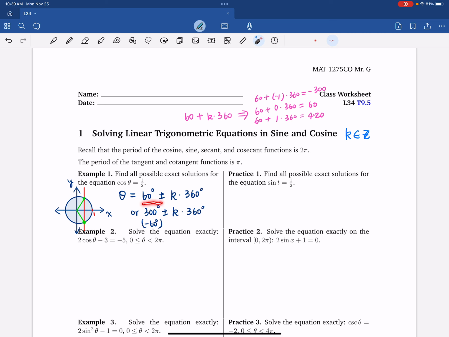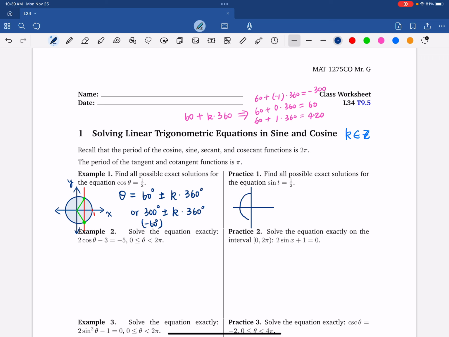That's why we have this notation, 60 plus minus k times 360. And since we have another solution, 300, you also need to do that: 300 plus minus k times 360. All right, so that's the solution to example 1. Let's use practice 1 as a practice. Okay, so for practice 1, I'm going to do a coordinate plane again.